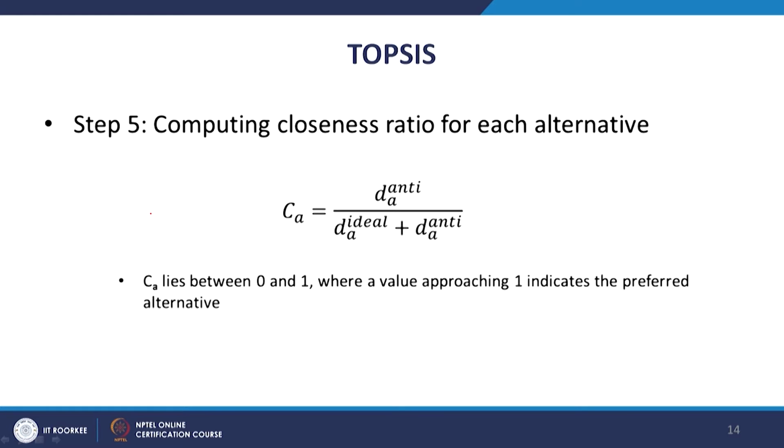Once we keep it in the denominator and compute this ratio, for the best alternative this C A value is going to be closer to 1, and for the worst alternative this value is going to be closer to 0, because the distance from the ideal point is going to be on the higher side, and therefore the denominator would be on the higher side, and the overall value of the closeness ratio will be closer to 0.